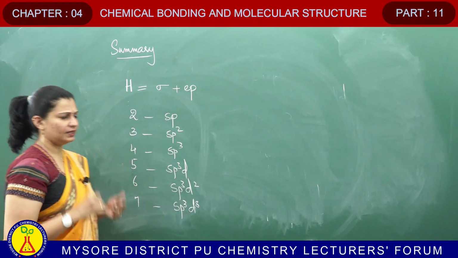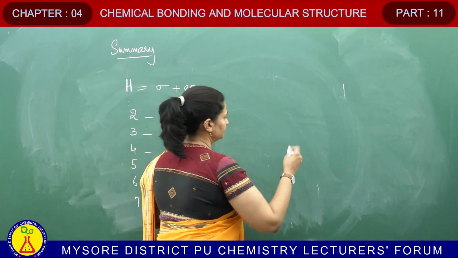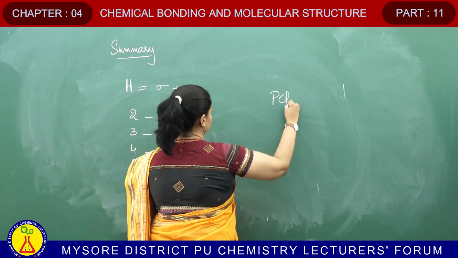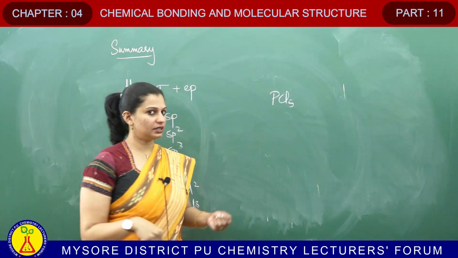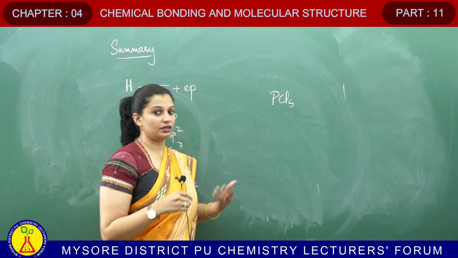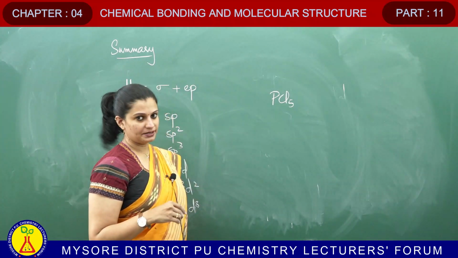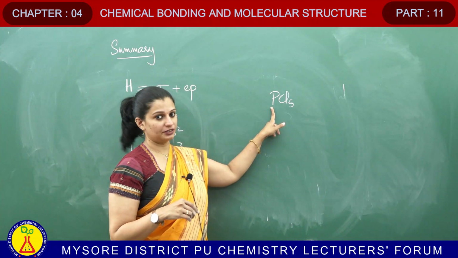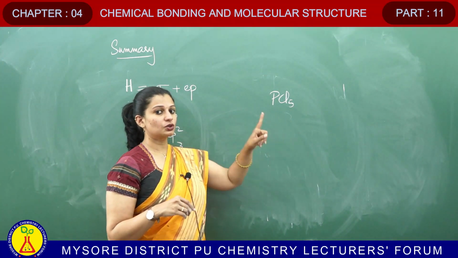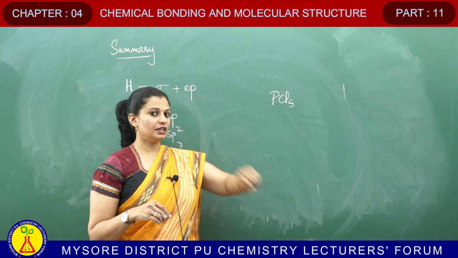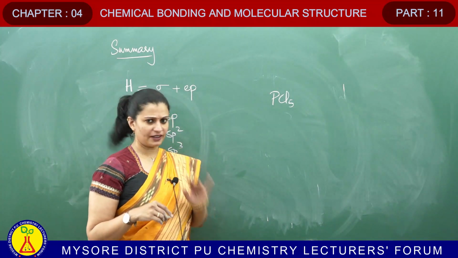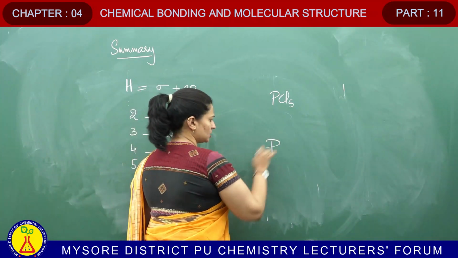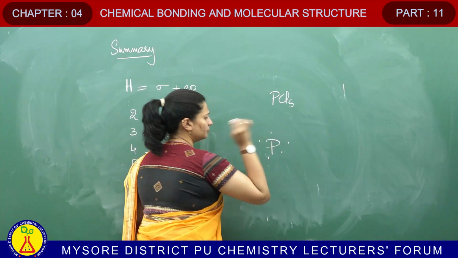Now as an example, let me take PCl5. It is in our chart also, so I will take one example like that and then I will take a random example. If I am taking PCl5, recognize the central atom. Your central atom is phosphorus. Phosphorus belongs to group 15. Now group 15 has how many valence electrons? It has 5 valence electrons. So I will put phosphorus and I will randomly put 5 dots.